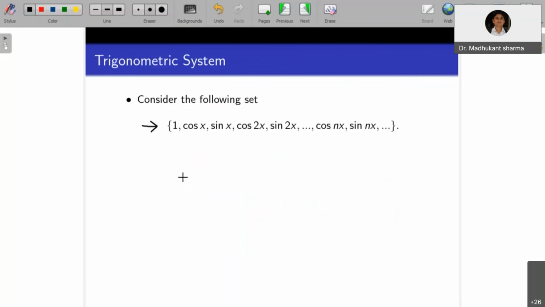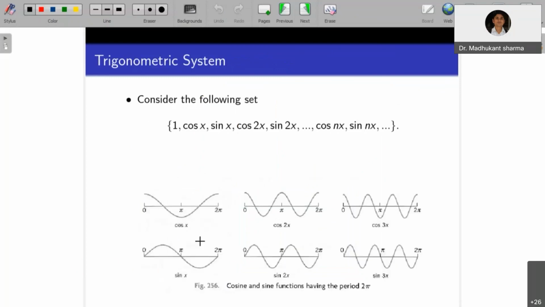You can look at their behavior as well. For cos x between 0 and 2 pi, you have the following. If instead of cos x you have cos 2x, you have 2 oscillations. If you have cos 3x, you have 3 oscillations. Similarly for the sine curve.